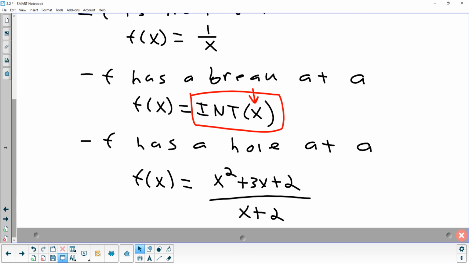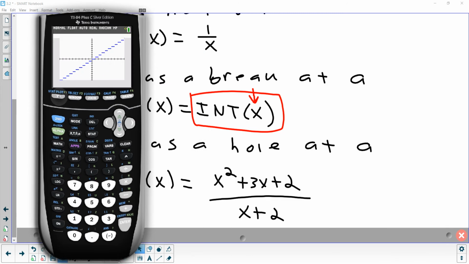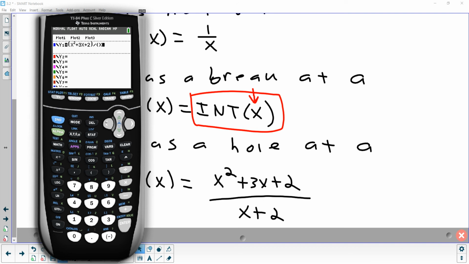And we might think, yeah, well, I know what it looks like when you divide by 0. You get those parts of the graph that curve in opposite directions. Well, let's try this one and see what happens. So I'm going to type in x squared plus 3x plus 2, and I'm going to divide by x plus 2.